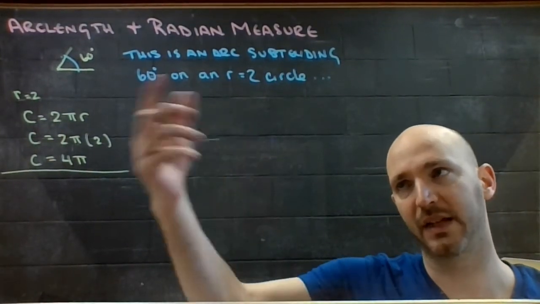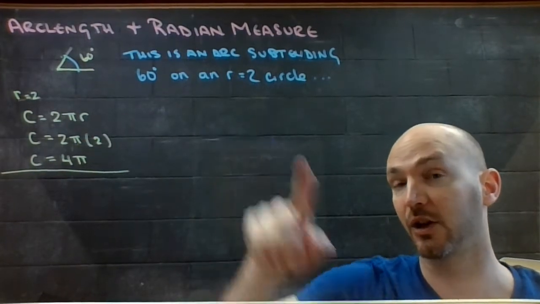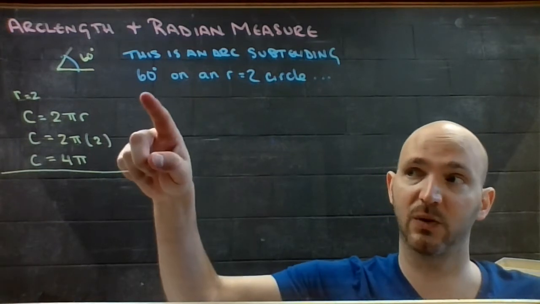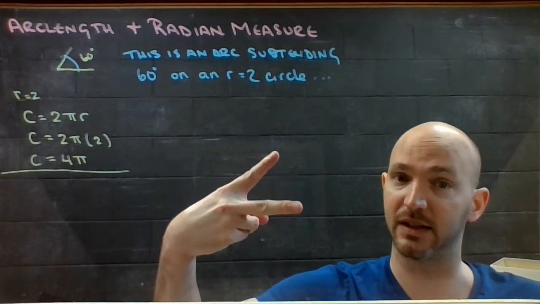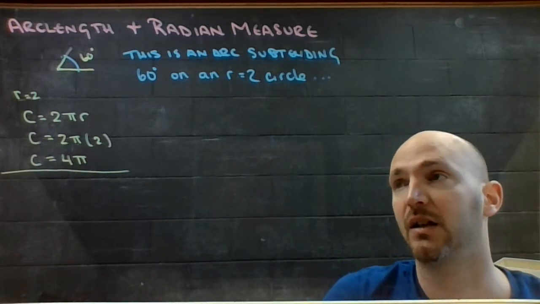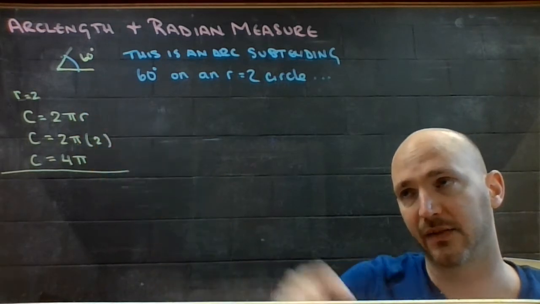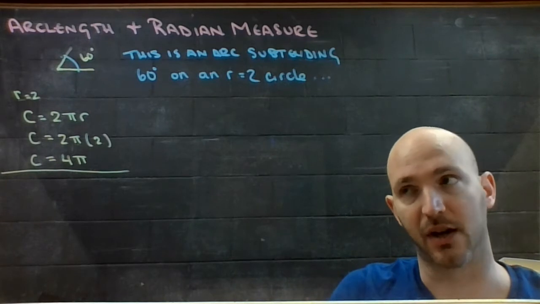So arc basically is a chunk of a curve. I've specified that the curve is a circle here. I've specified the radius of the circle, and I've told you that this chunk is 60 degrees of that circle. So if I want to get the length of that thing, I need a new symbol. It's not the full circumference, it's just an arc.